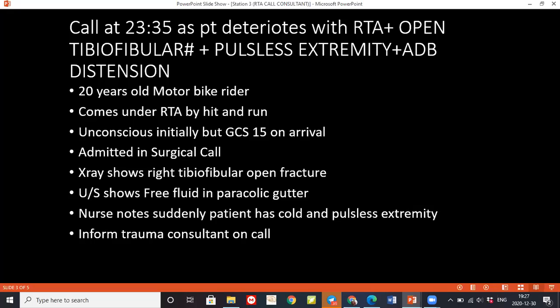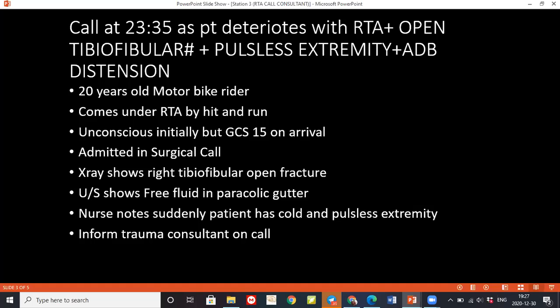On initial examination, his GCS was 15/15, initial tests were done, and X-rays showed tibiofibular open fractures. Ultrasound abdomen showed fluid in the paracolic gutter, and nurses also noted a pulseless extremity on the left side.